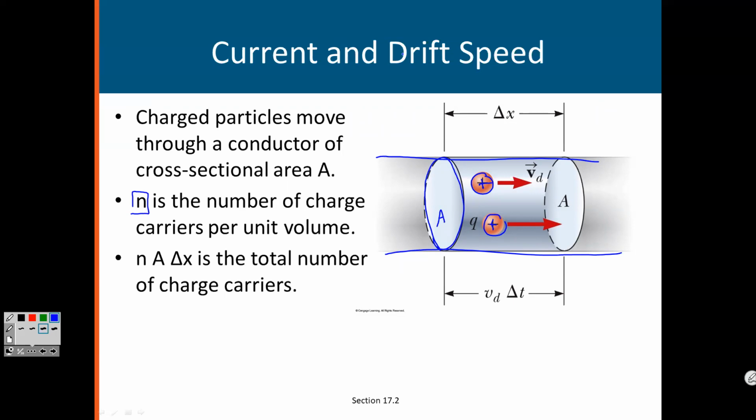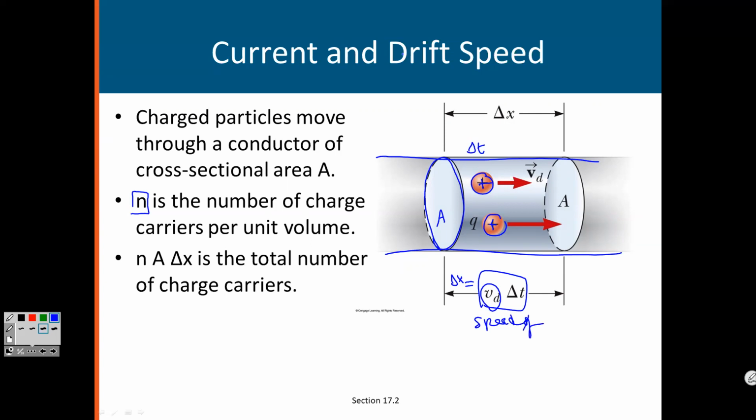Then, if we wait an amount of time delta t, during that period this charge carrier will move a distance of Vd delta t. Let's say it is delta x. That delta x will be equal to Vd delta t, where Vd is the speed of these charge carriers.